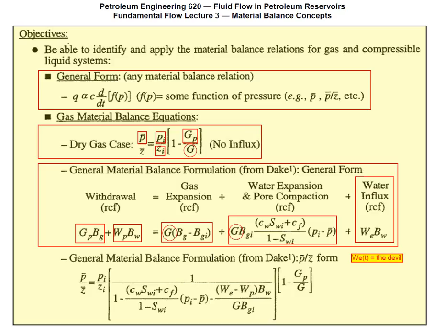So if you type into the SPE OnePetro water influx, water encroachment, water drive, all those keywords, how many papers are going to come up? More than 10? More than 100? More than 1,000?